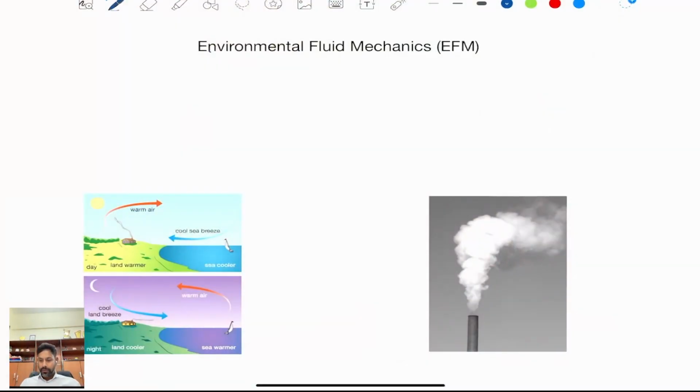So, environmental fluid mechanics, as the name suggests, is the study of fluid mechanics in the environment.